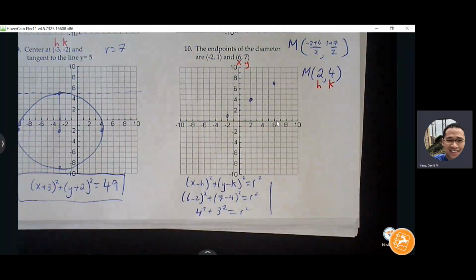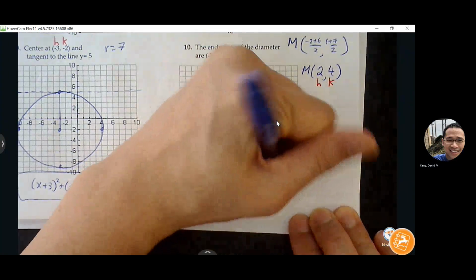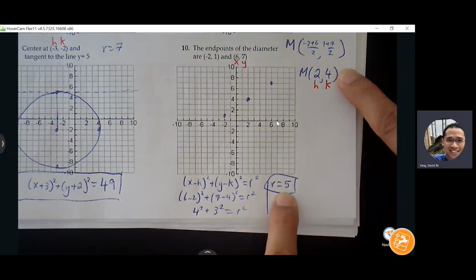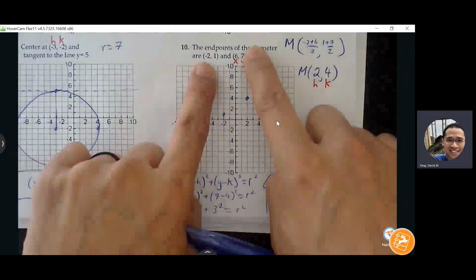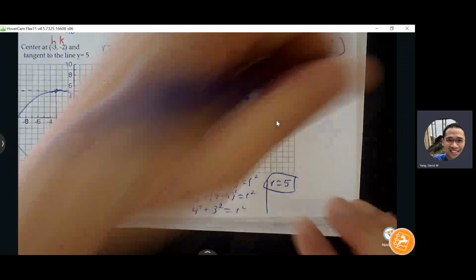So r squared equals 25. r is 5. So that's all I need. All I want is my r and my center, and that's all I need to create my equation. I don't need these points anymore. These are just temporarily helping me get to what I need.